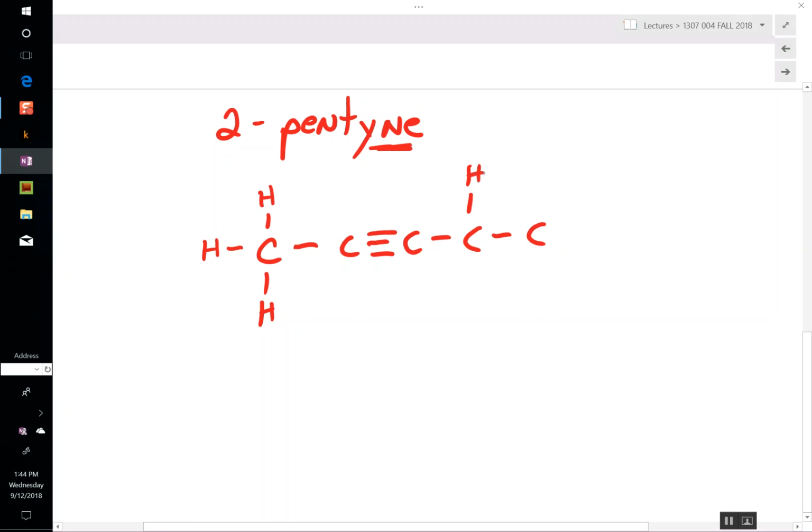Okay? So don't just come out of chapter 10 where you put a hydrogen above and below every carbon and think that applies in chapter 11. Got me? Okay, doesn't apply. There it is. There's the structural formula of 2-pentyne.